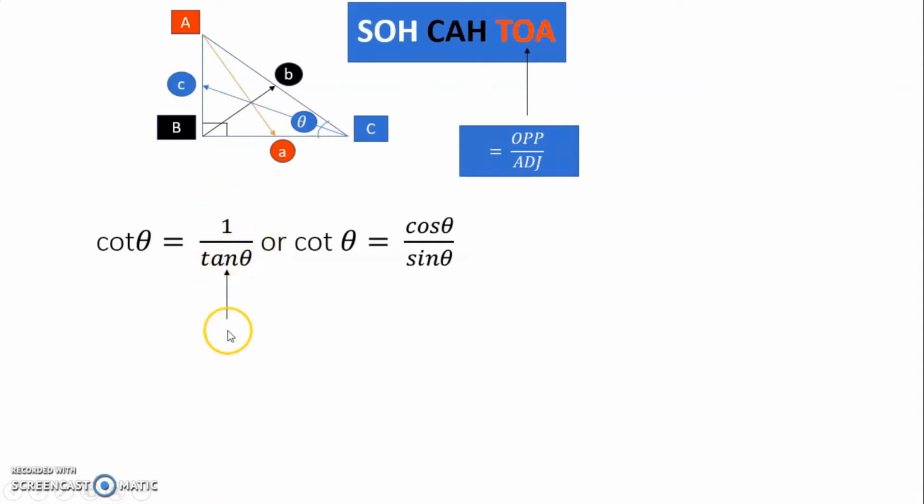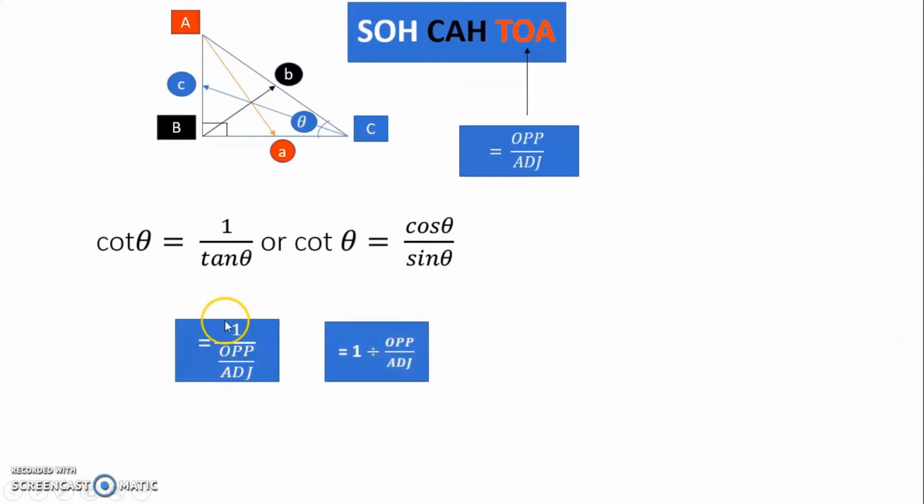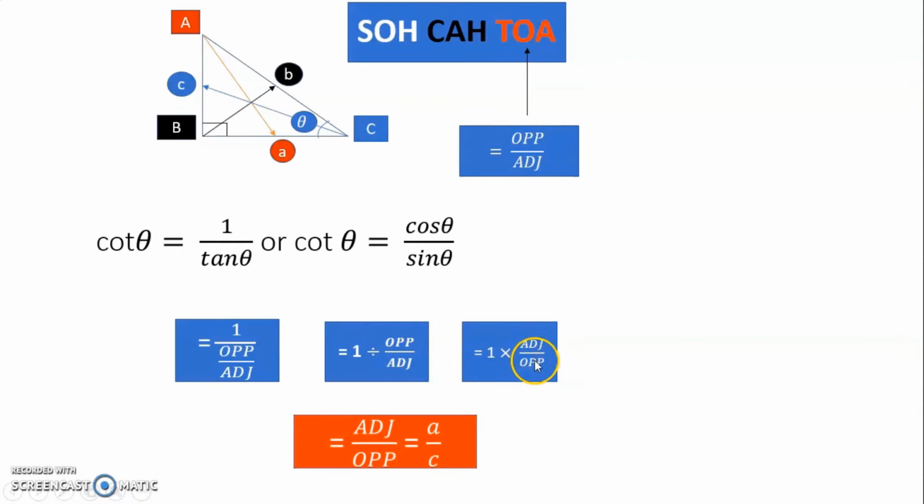So this becomes 1 over opposite over adjacent. If I'm changing this division sign to multiplication, I find the inverse, so it becomes adjacent over opposite.